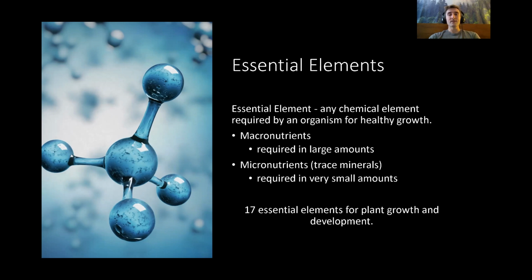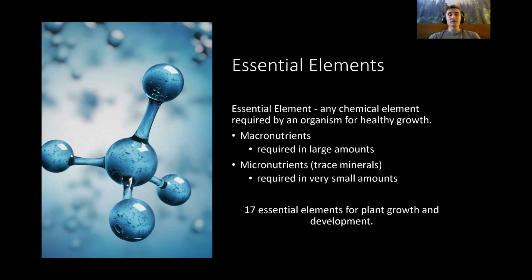An element is a chemical element, just like on the periodic table of elements, and it's one that is required by an organism for healthy growth. If the plant needs a lot of a certain element, then we call that a macro element or a macronutrient because the plant needs a lot of it. And if it needs just a very small amount, we call those trace minerals or micronutrients.